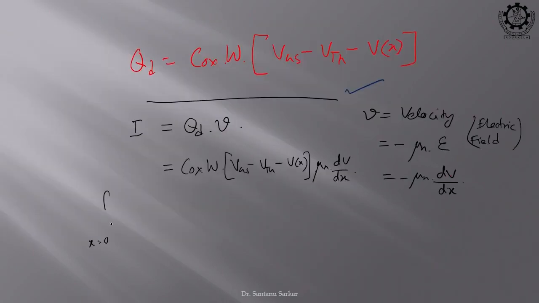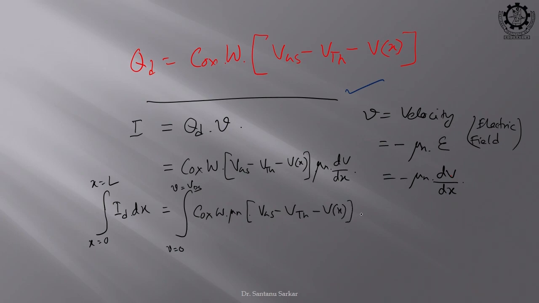So, integral from x equal to 0 to x equal to L of ID dx is equal to the integral from V equal to 0 to V equal to VDS, full scale voltage, of Cox W mu n (VGS minus VTH minus V of x) dV.